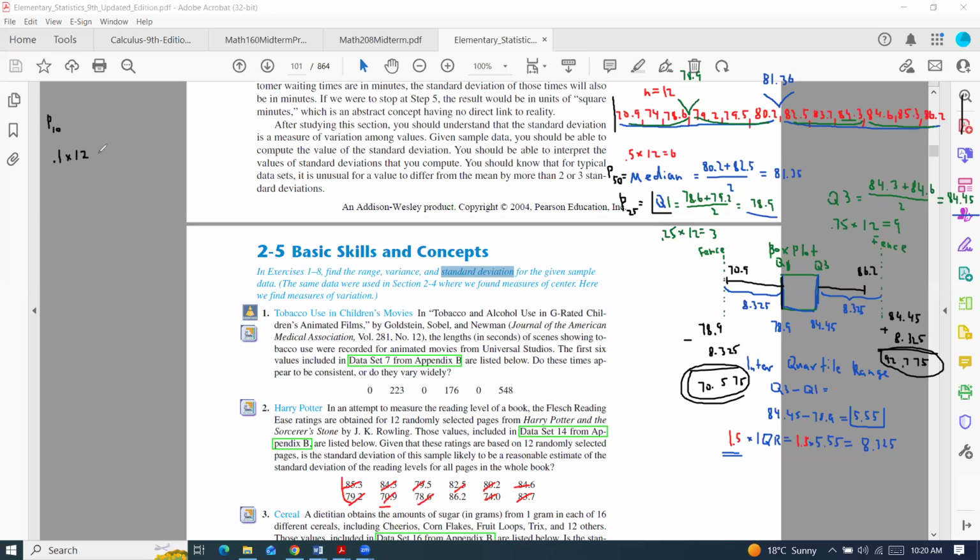So same here is 10%, which is 1.2. You say, wait a second, 1.2. So what should I do to take my 10%? Well, it turns out the new rule here says if you produced a decimal when you take your percentile, move to the next position.